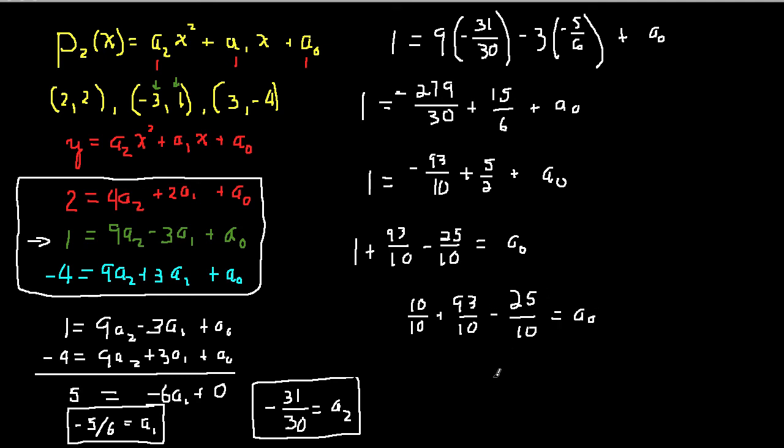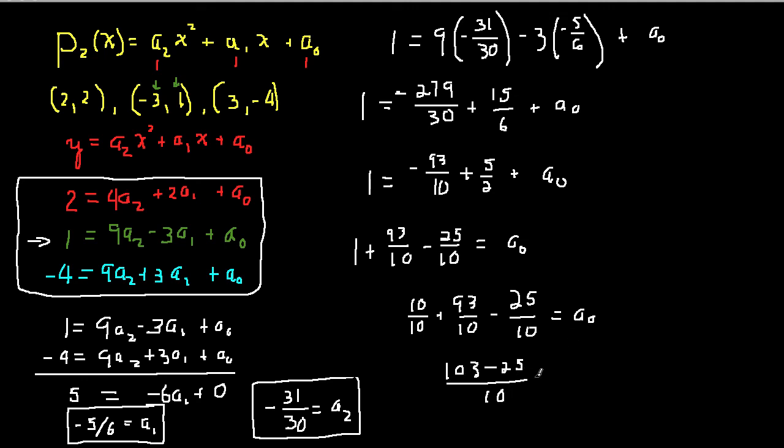So these are all over a common denominator. So 10 plus 93 is 103, and 103 minus 25 over 10 is equal to a0.